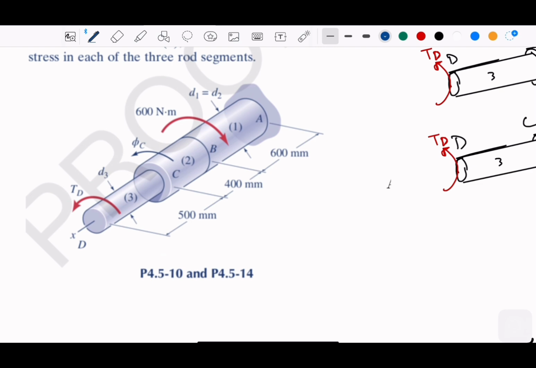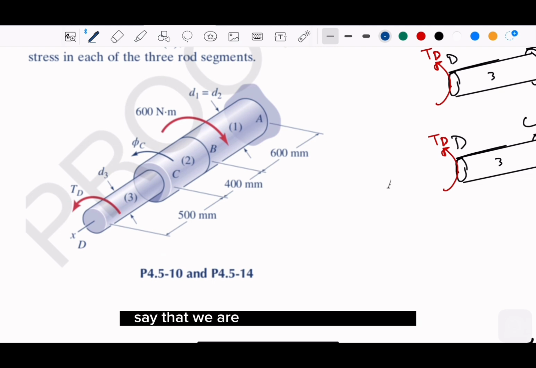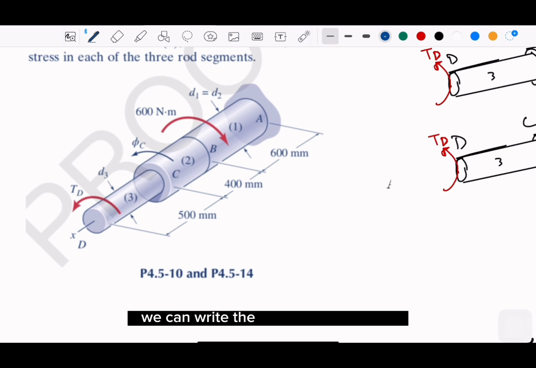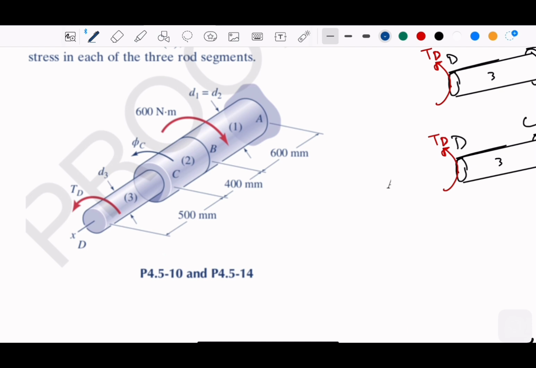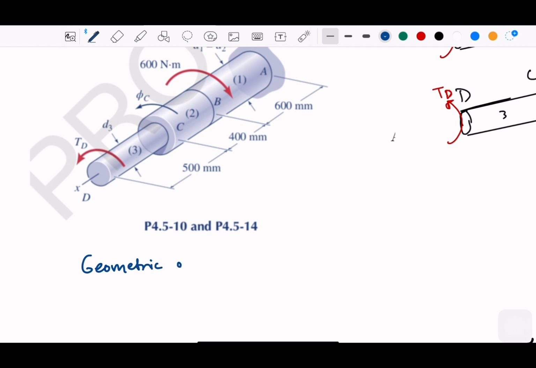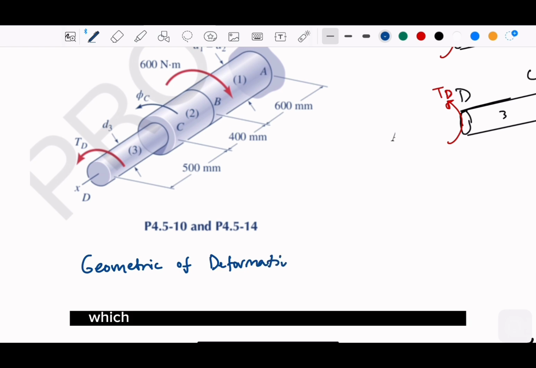so let's say that we are going to focus on the C, we can write the geometric condition of deformation, which means we want that the twist angle on C is 0.